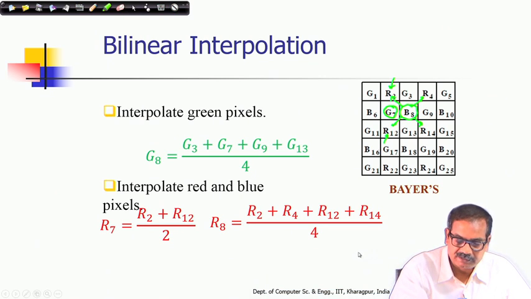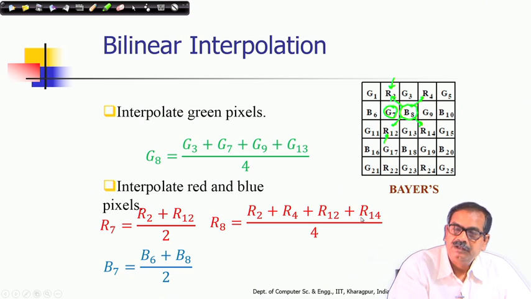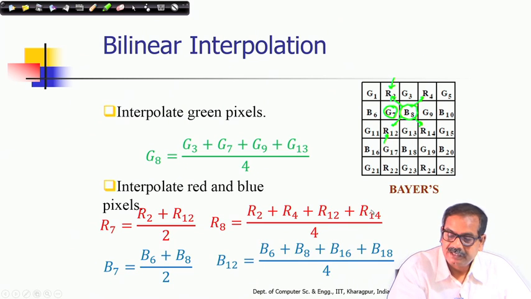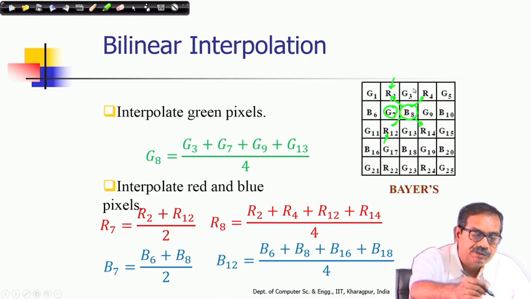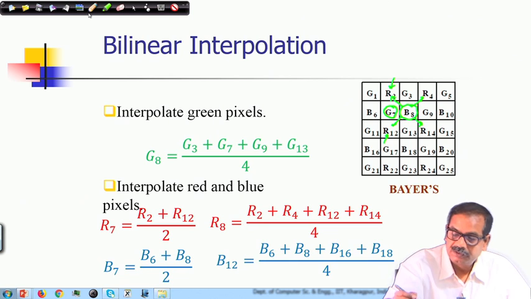The third case, as I mentioned, could be blue row and blue column. Sorry, these are the only two cases of red shown here, and the other case is missing, which is not shown, so let me tell you. It is basically red row and green column.